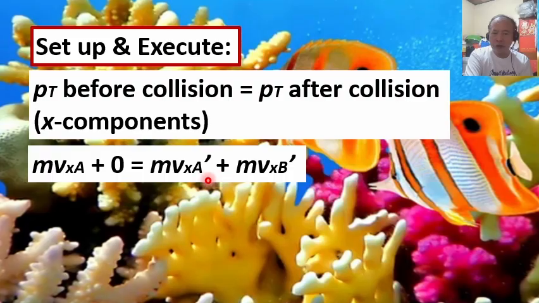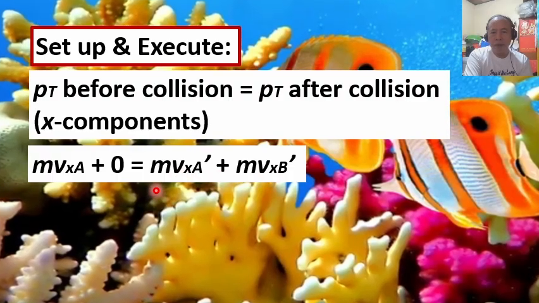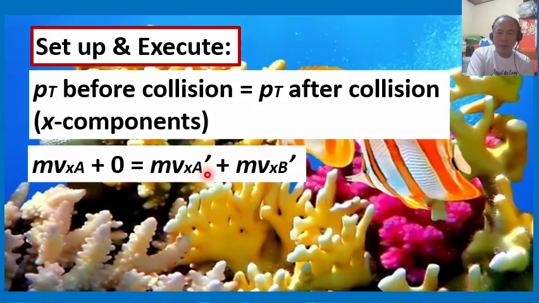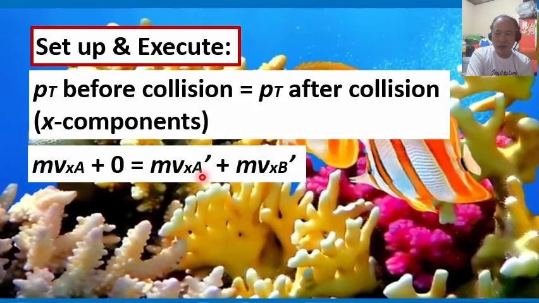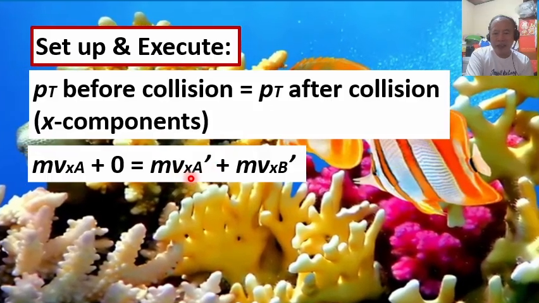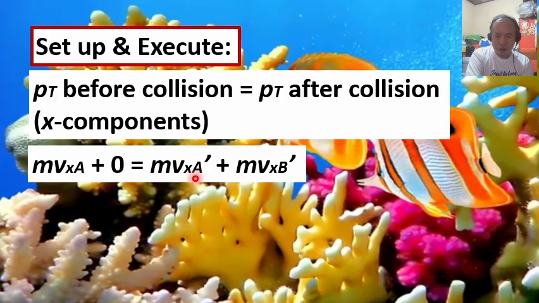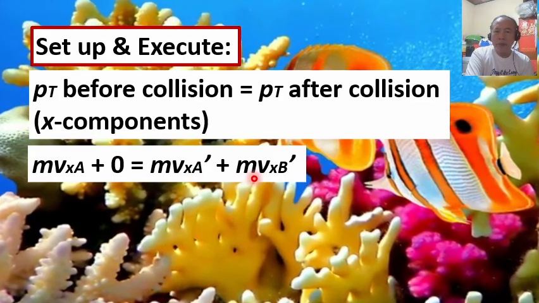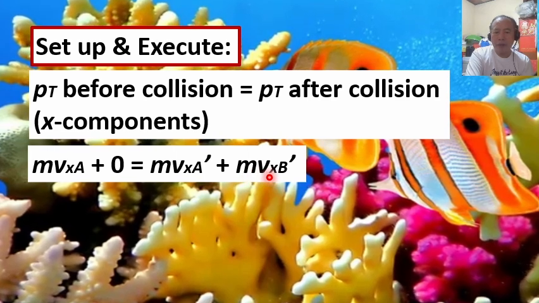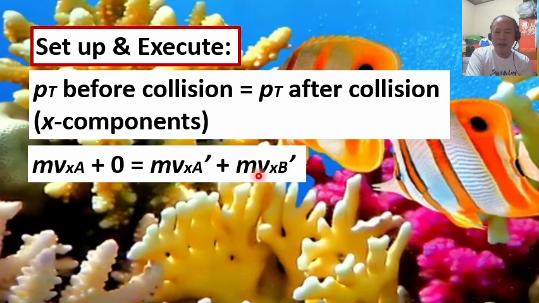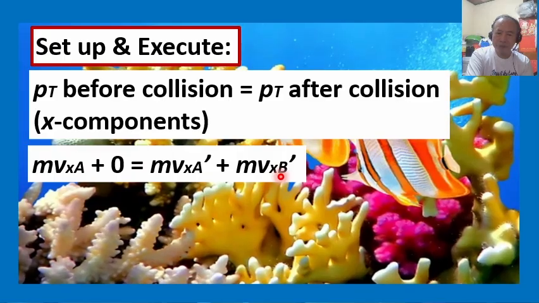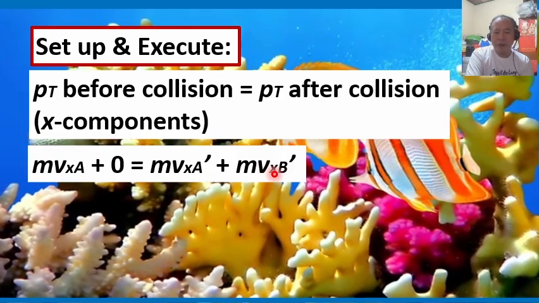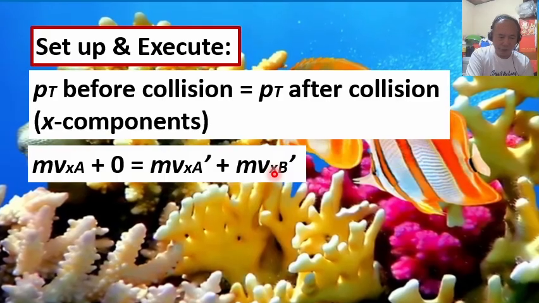On the right side of the equation, we have m v x A prime. This represents the momentum of particle A just after the collision. And the last term, m v x B prime, represents the momentum of particle B just after the collision.